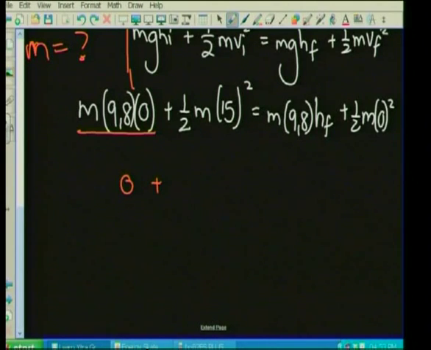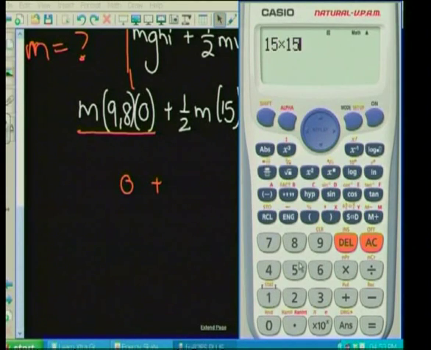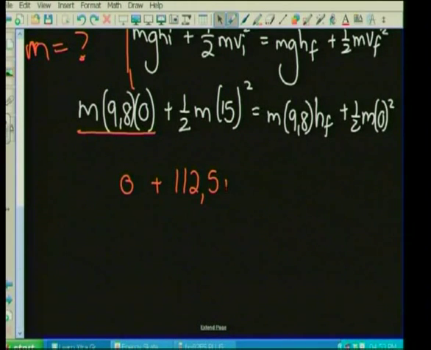Plus, now I'm going to do 15 squared because I can do that, times by my half, and I get 112,5 times m, I'm leaving the m, is equal to 9,8 times m times final height. I'm just rearranging this last one over here, grade 10s, because it's going to make it a bit easier later on, and it doesn't matter with multiplication which way around you put them.